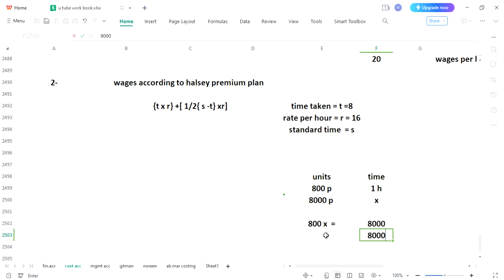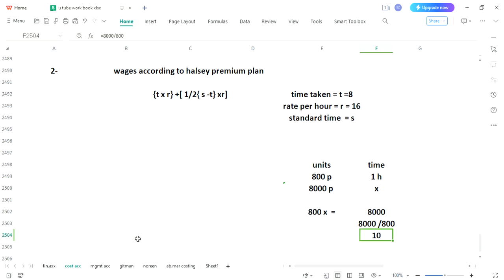When you take 800 to the opposite side, it would be divided. In this way the statement has been completed. Now we can calculate 8,000 divided by 800. So 10 is our conclusive answer.